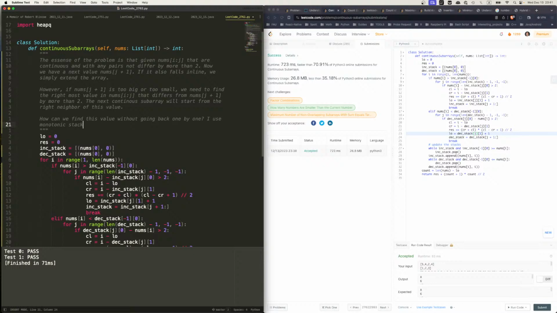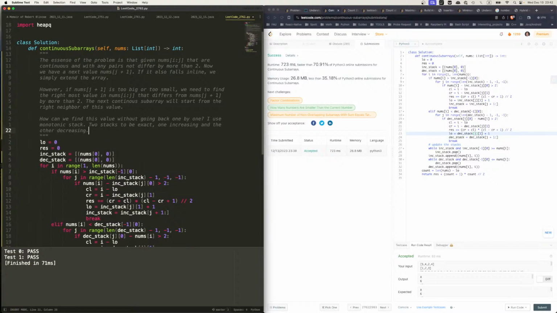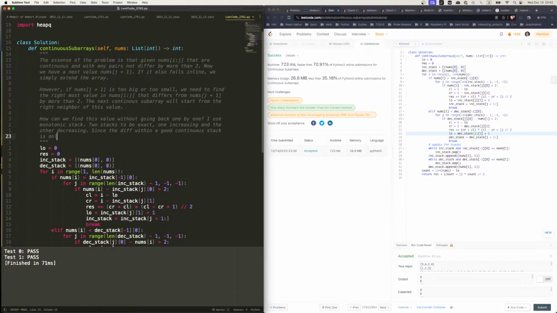monotonic stack. Okay, but 2 stacks to be exact, one increasing and the other decreasing. Since the diff within a good continuous stack is only 2, is no more than 2, the size of the stack will not be more than 3.